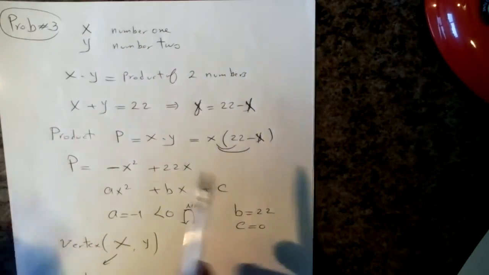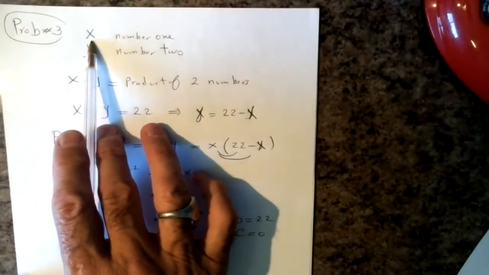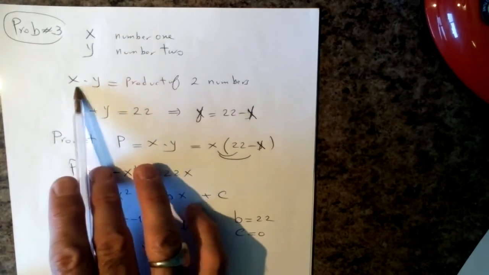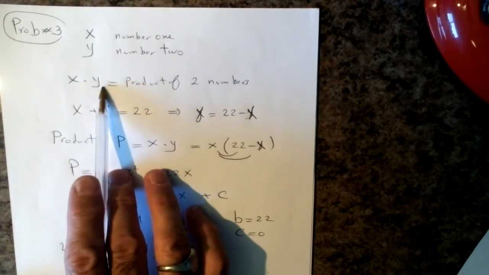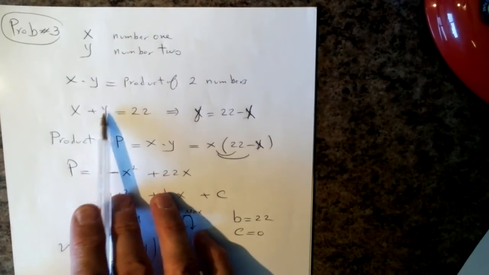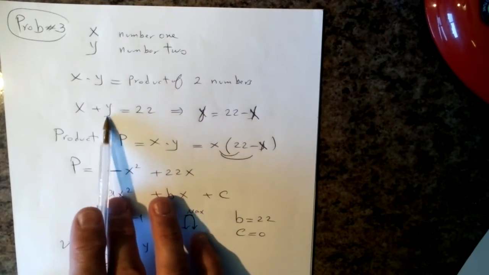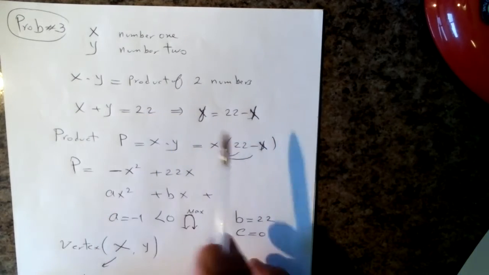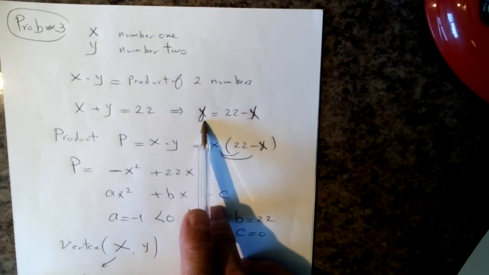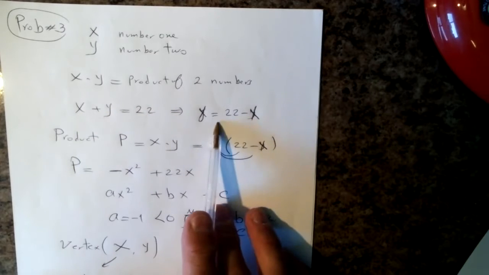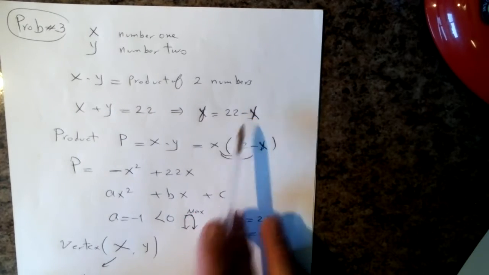So those two numbers are unknown. Let's say the first one is x, the second one is y. They ask us to find the product of these two, meaning multiplication. What is given in the problem is the sum of these two numbers is 22. If you already have the sum of two numbers, you could find y in terms of x. All I need to do is move the x to the other side, so y is 22 minus x.